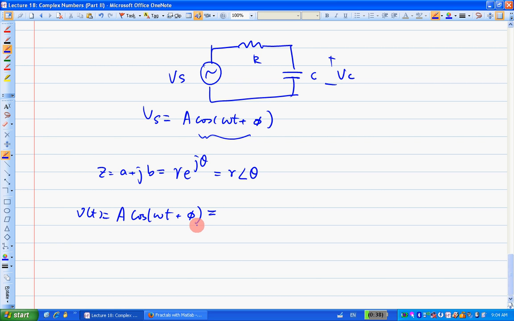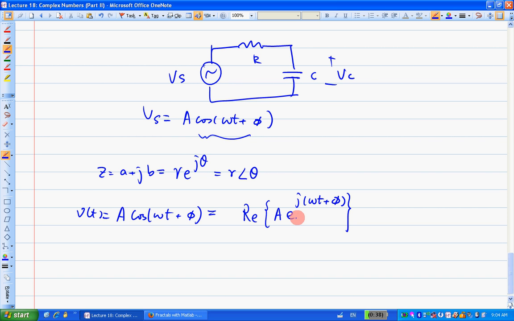So this A cosine will equal the real part of A e^{j(omega t plus phi)}. So A cosine is equivalent to the real part of this complex number. Does that make sense? Why is that?